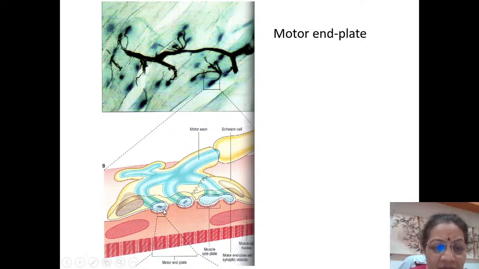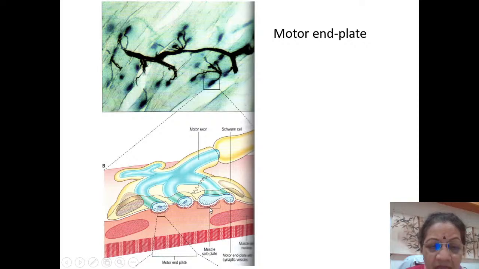And inside the ending of the axon, there seems to be a whole bunch of small dot dot dot structures, which are nothing but synaptic vesicles. That means, like I said, we use the word synapse almost entirely for nerve to nerve endings. But here also we're using the word, but you must remember this is the motor end plate we are talking about.